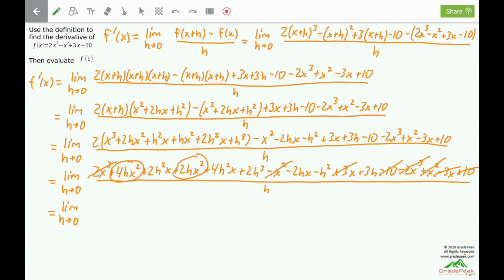Those will be able to combine together. It's a positive 4 and a positive 2, so a positive 6hx squared. I have an h squared x here and the h squared x here. I can combine those, so that will give us a positive 6h squared x.